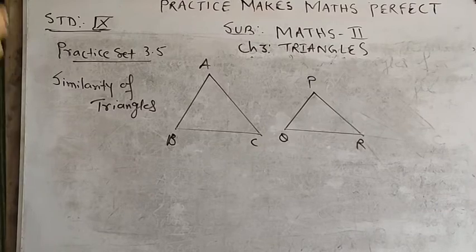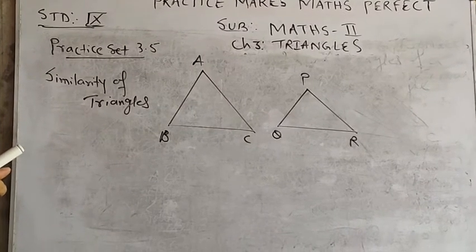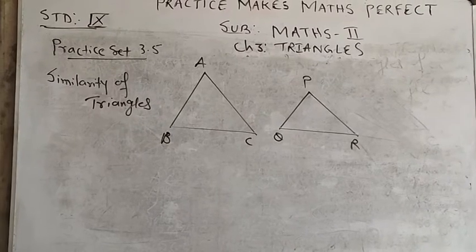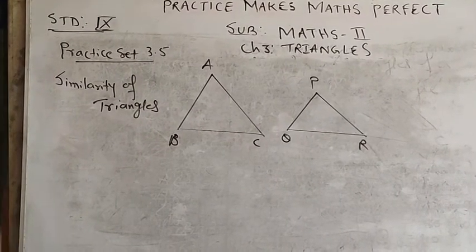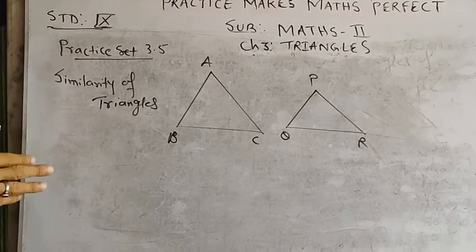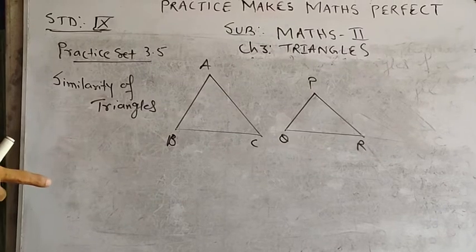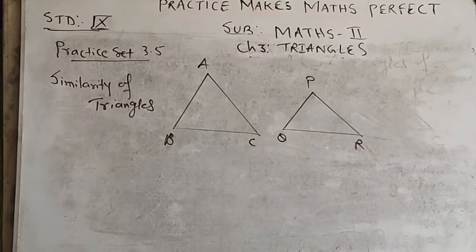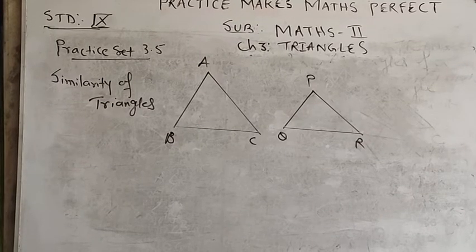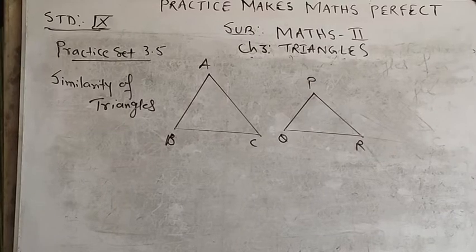My dear students, today we are going to study practice set 3.5. But before solving practice set 3.5, you should know about the similarity of triangles. This similarity of triangles is very important, because in 10th standard, in Maths 2, chapter 1 is similarity.